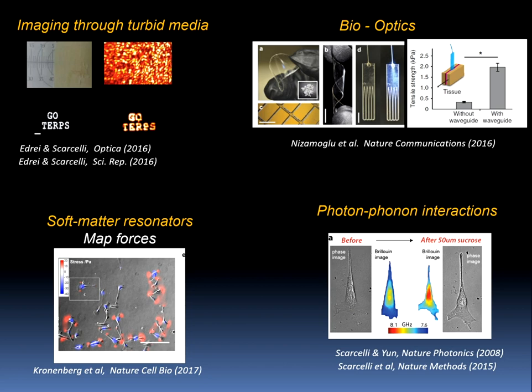The payoff from the point of view of application is dramatic, because these Brillouin maps here encode with color something that is proportional to the stiffness of the material. So you get the ability of mapping the stiffness, the modulus of material, with high resolution and without contact, which is something that you cannot do otherwise.